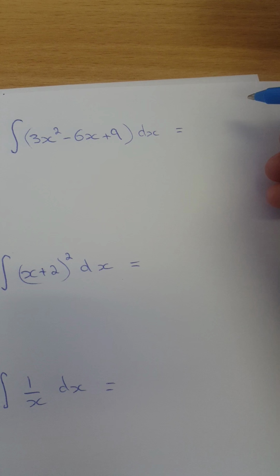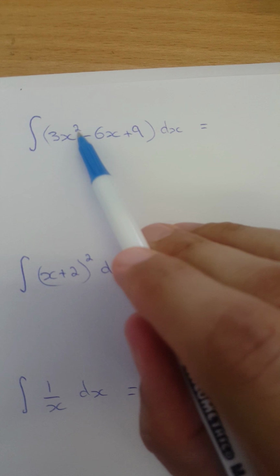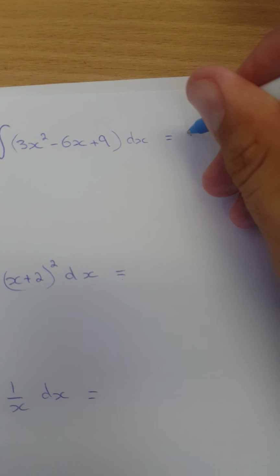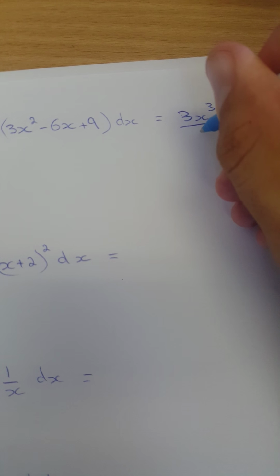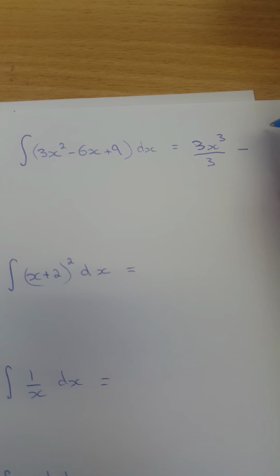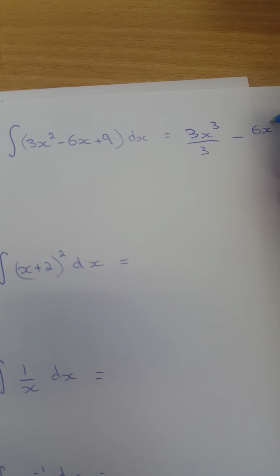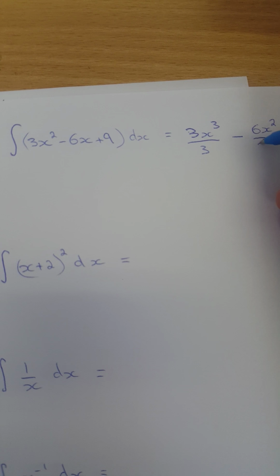So let's quickly have a look at this one. So without doing all the calculation, okay, I know that there'll be +1 to the power, so we'll end up with 3x, n plus 1 will be 3, divided by n plus 1, which was 3. 6x will be the same, add 1 to the power, that would be a 1 already, 1 plus 1 becomes 2, and divided by the 2 on the bottom.